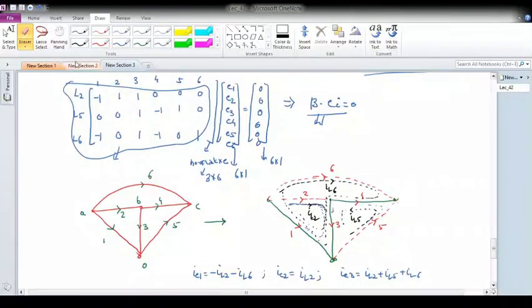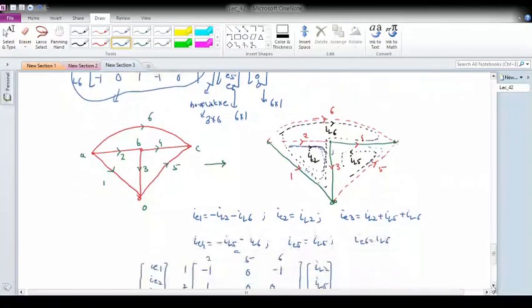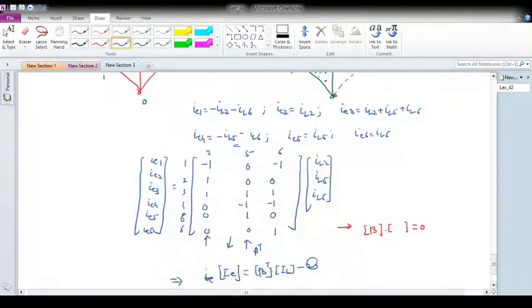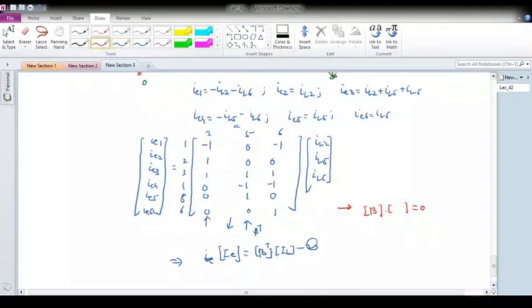Which is B into the element voltages, so B into E. Let me write it with capital letters like this, element voltages, and then the next equation is B transpose into the loop currents, which will be equal to the element currents.